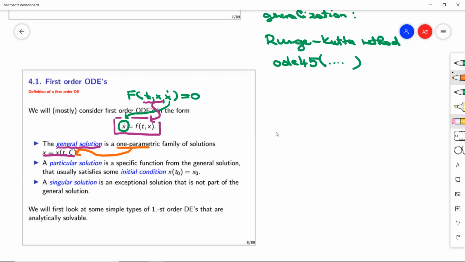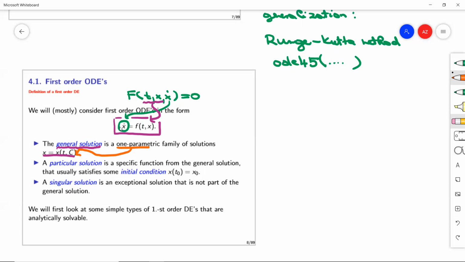It's the same as if we integrate both sides of this differential equation. You know that the indefinite integral is unique up to a constant. So here, if we integrate both sides, we get a constant. That's why the solution is a one-parametric family.